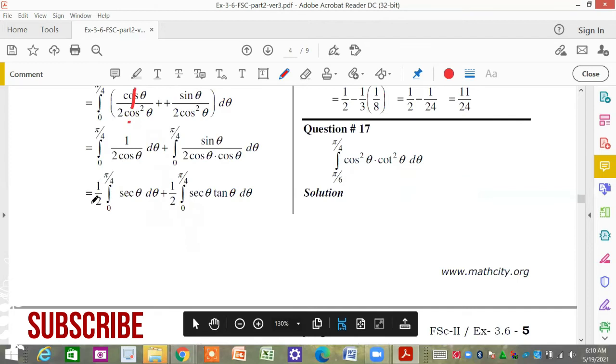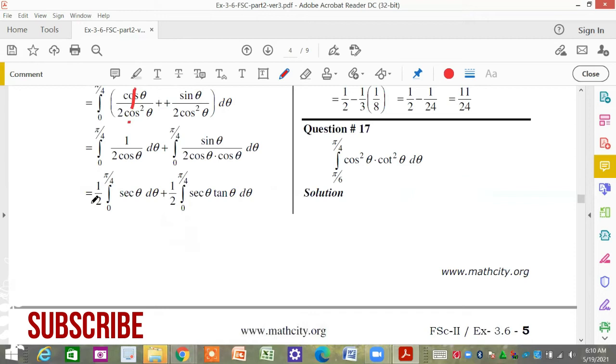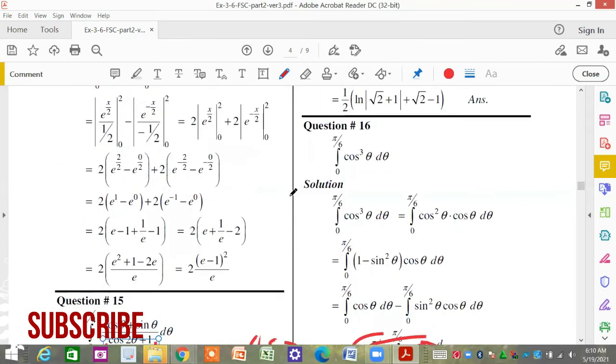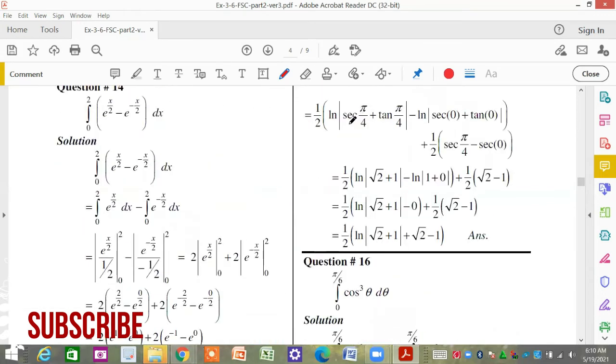This will be equal to 1 over 2, as we are taking 1 over 2 separate from the limit, so this will be equal to secant theta. So for secant theta we will apply the formula for the integral of secant theta, and similarly secant theta tan theta. After applying the formula, this will be equal to log natural secant plus tan theta.